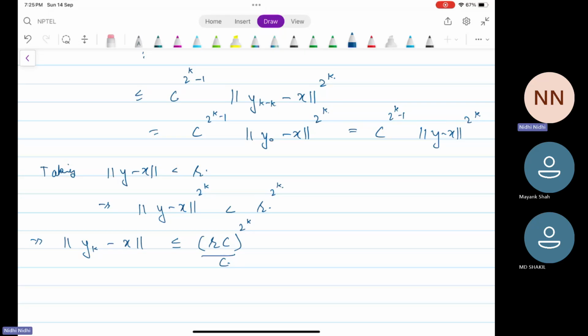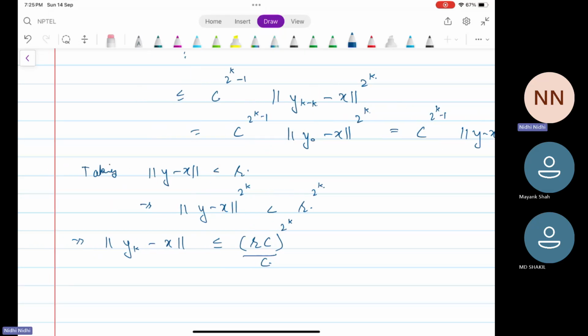Now we want this to converge to 0, so that we want this to go to 0 as k tends to infinity, so that the sequence yk converges to 0.